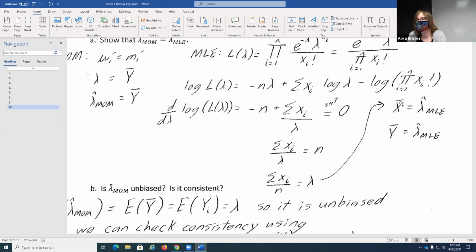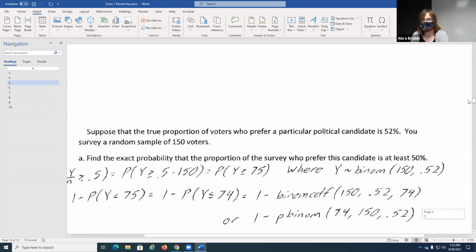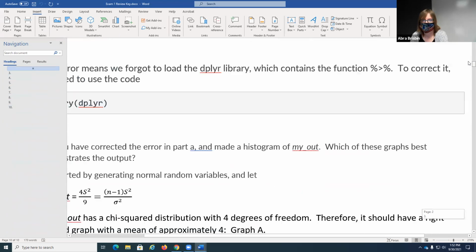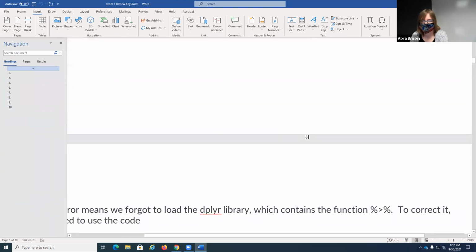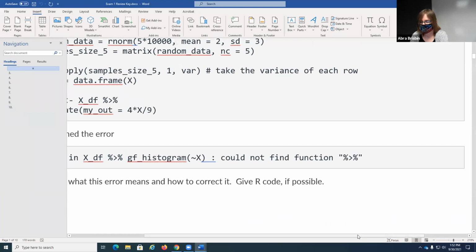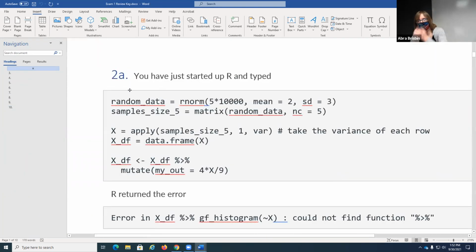Can you quickly go over how you apply the code to those graphs? Sure. Okay, so this was our code.